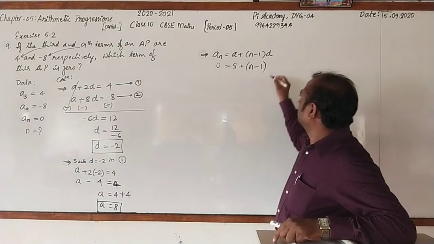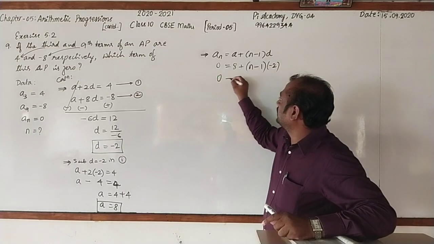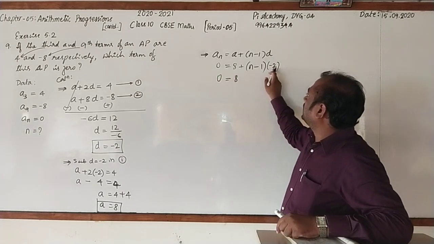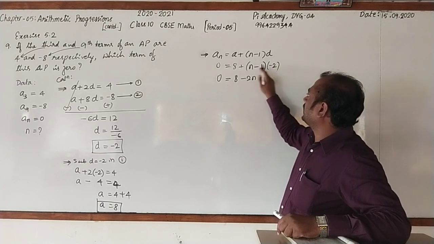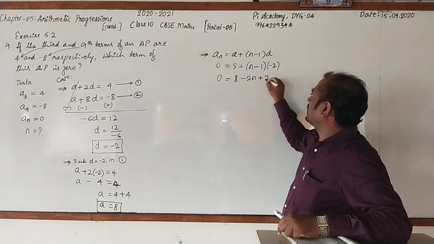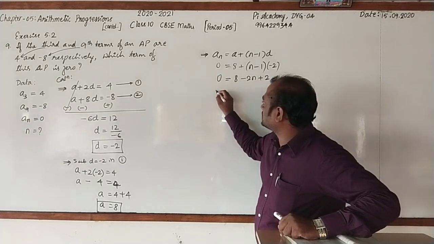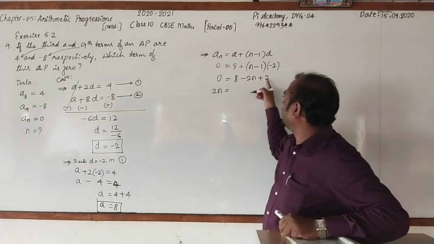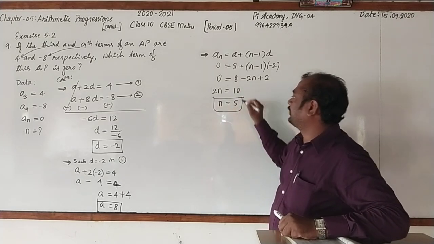Common difference is minus 2. Then 0 is equal to 8. Multiply minus 2 with both the terms. Minus 2 into n, minus 2n. Minus into minus plus. 2 ones are 2. Then transfer minus 2n to the left hand side. It becomes plus 2n. Then 8 plus 2, 10. So n equal to 5.